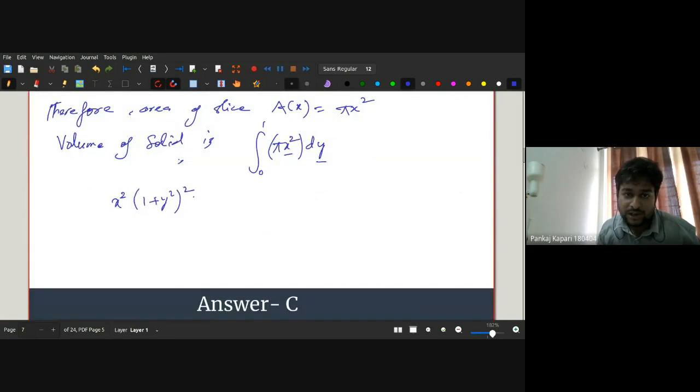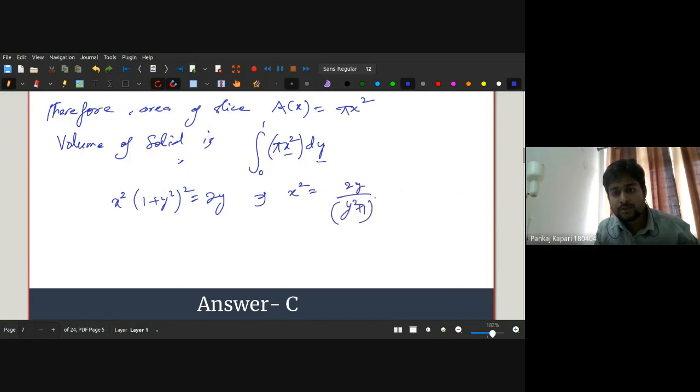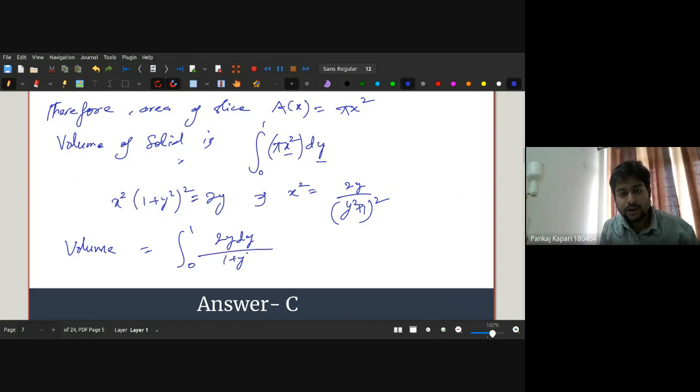This says that x square is equal to 2y divided by (y square plus 1) to the power 2. So the volume is the integral from 0 to 1 of 2y dy divided by 1 plus y square. If you find this integral, you get your volume.